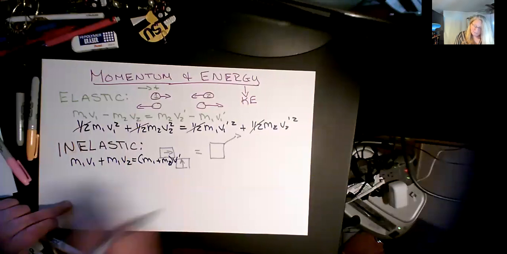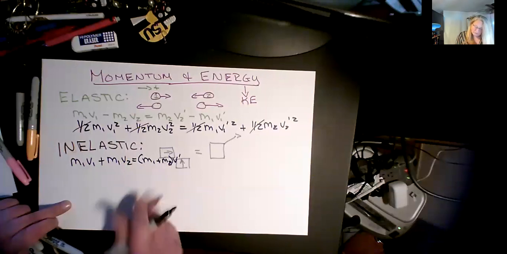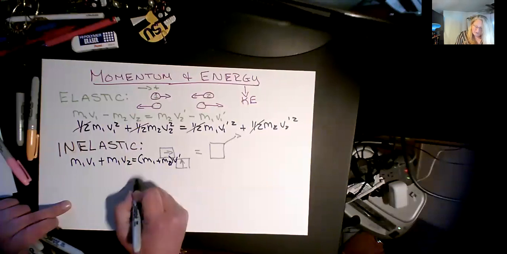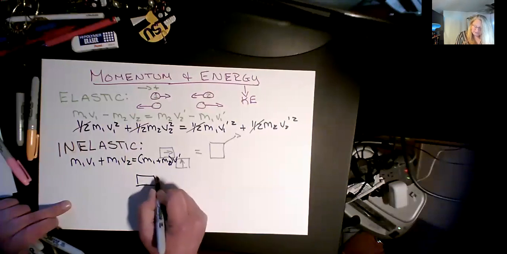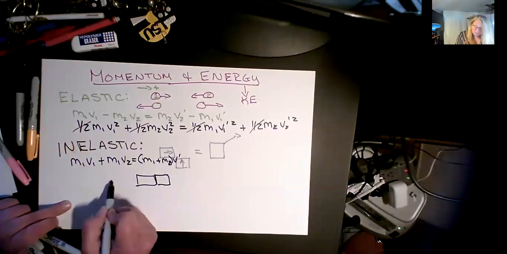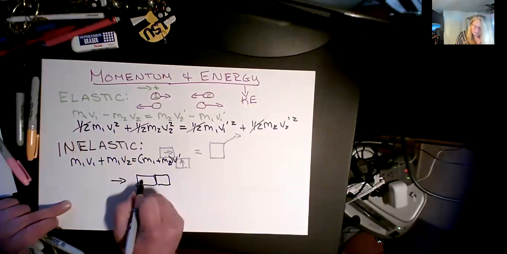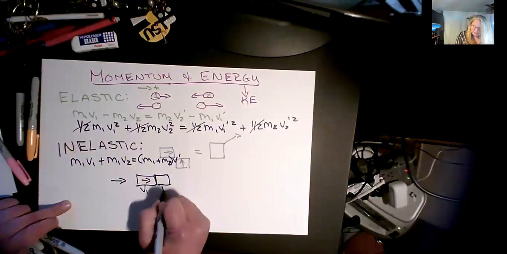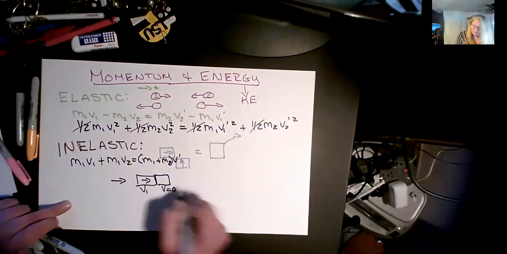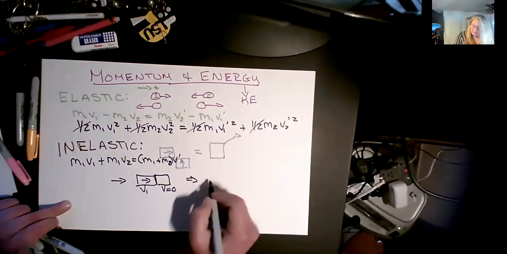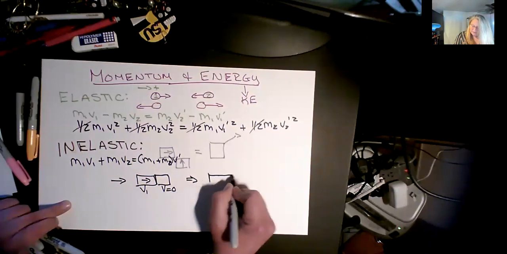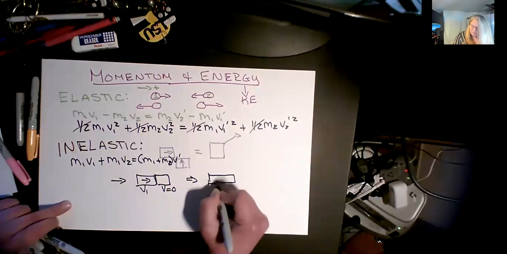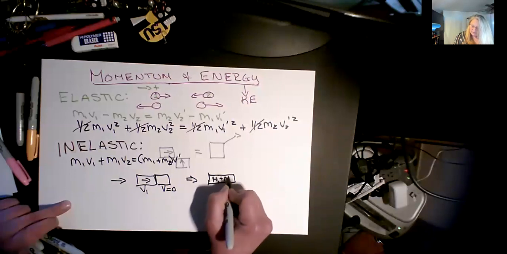So let's think about what happens here when these 2 things stick. If I have 2 things sticking, we'll make a car part. So I'm going to go to just a one-dimensional thing. So this guy's going, has some sort of v initial, and this one is stopped. And then in the end, what happens? I have this whole mass 1 plus mass 2 thing.